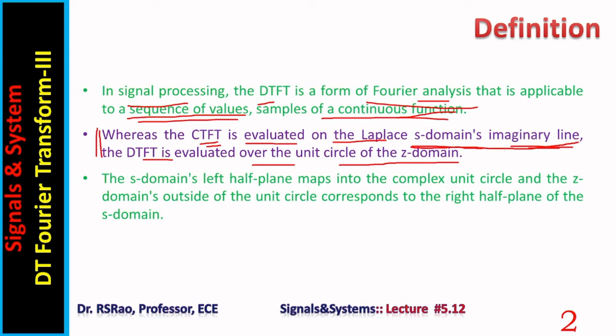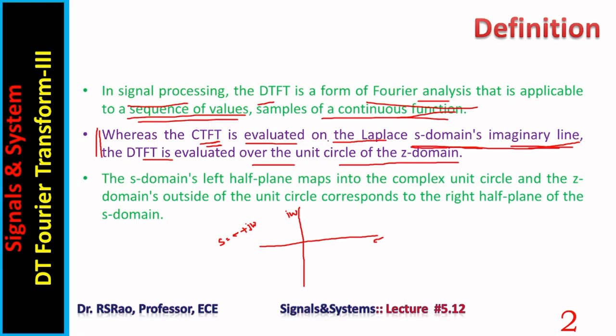S-domain's imaginary line. S stands for complex frequency. It is equal to sigma plus j omega. A plane in which the horizontal axis denotes sigma values and the vertical axis denotes j omega is called the S-plane.